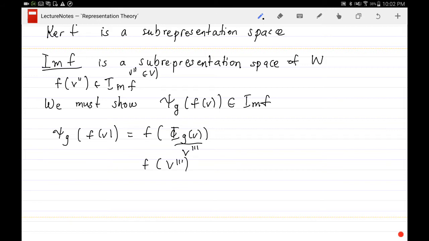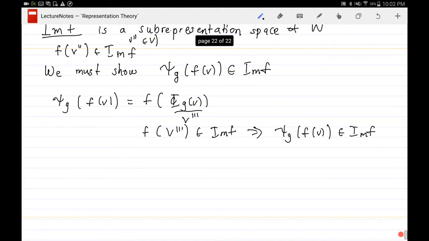So V triple prime is in the vector space V, and then F acts on V triple prime, which is in the image of F. So of course this implies that psi of G acting on F of V is in the image of F. Okay, so we've now shown that the kernel of a group representation homomorphism and the image of the representation homomorphism are both sub-representation spaces.